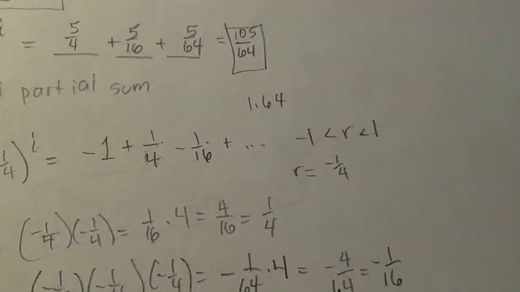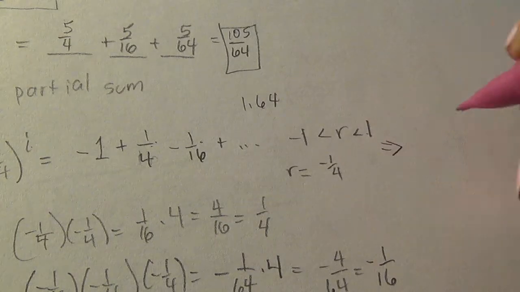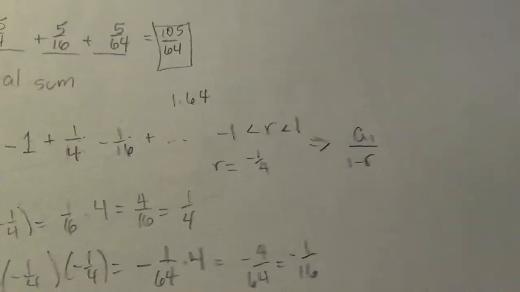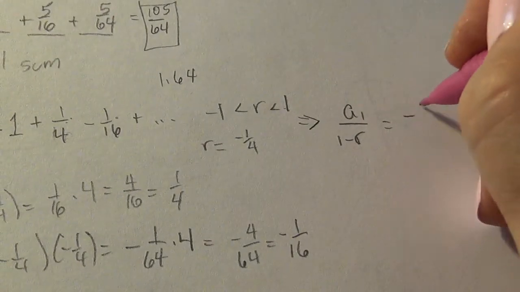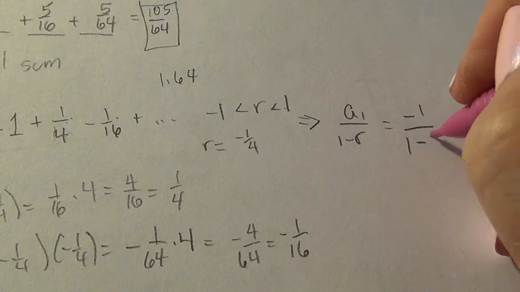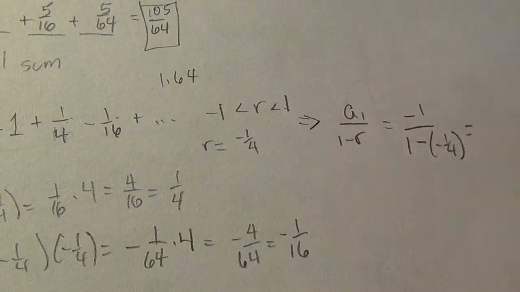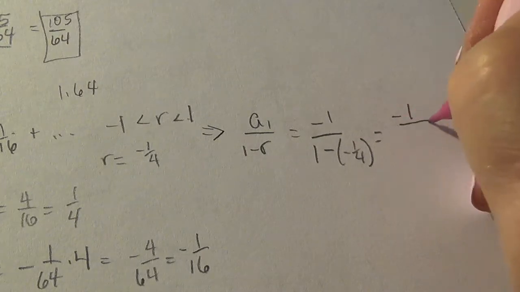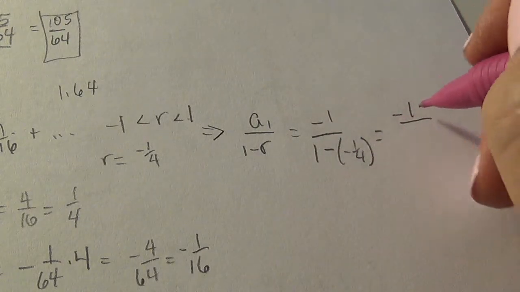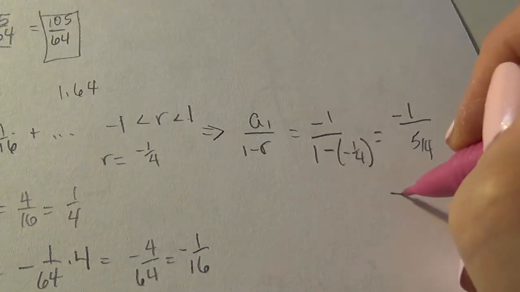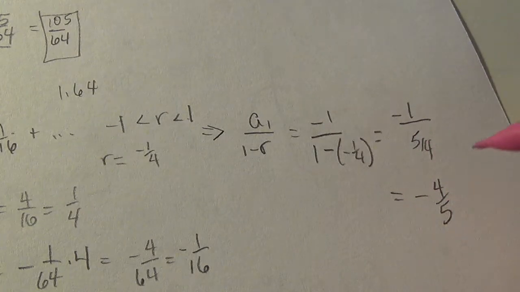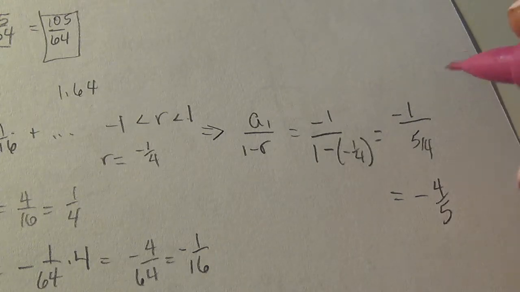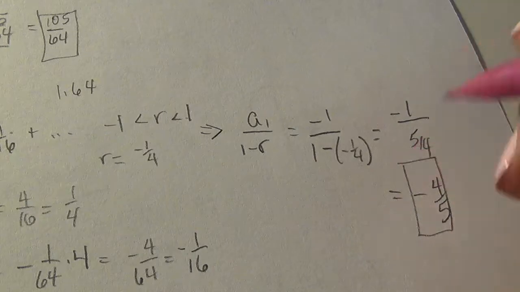It is. If it is, then we can use this formula: a sub 1 over 1 minus r. A sub 1 is -1, and 1 minus a -1/4 will give us -1 over 1 plus 1/4, or 5/4. Flip and multiply, and we can get -4/5. Let me see if that is correct. It is.